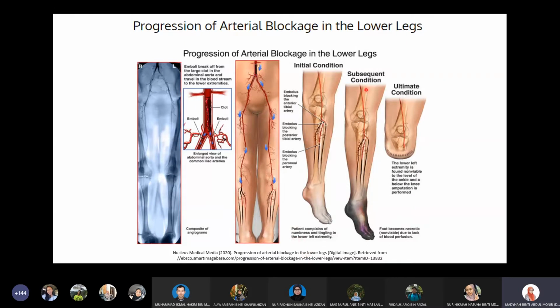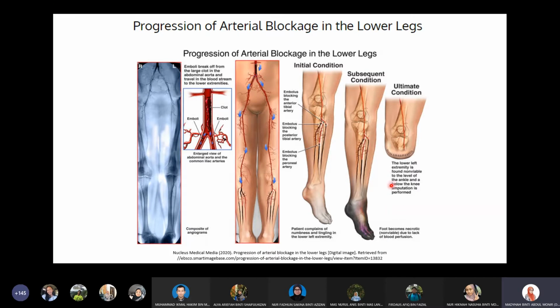Subsequently, when there is no perfusion or oxygen, the foot becomes necrotic. As you can see, the foot became dark or black. There is no blood supply to the foot, and when it happens, you have to amputate because the tissue is no more viable.